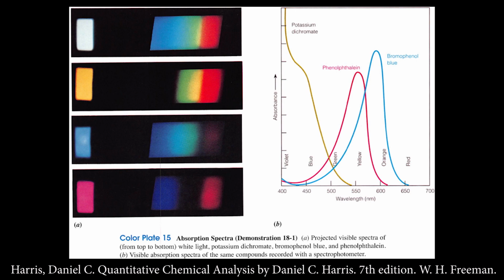yellow. Now, if we look at the spread-out light that emerges after the potassium dichromate, you see yellow is in there just fine. Potassium dichromate is not absorbing yellow. The yellow, the green, and the red pass through just fine, but what's gone missing is the blue and the violet. So you're seeing that yellow because that is the center of what is left.